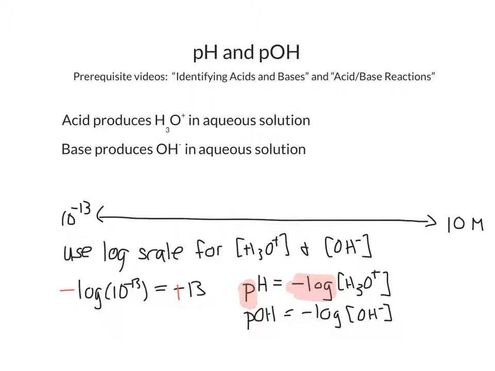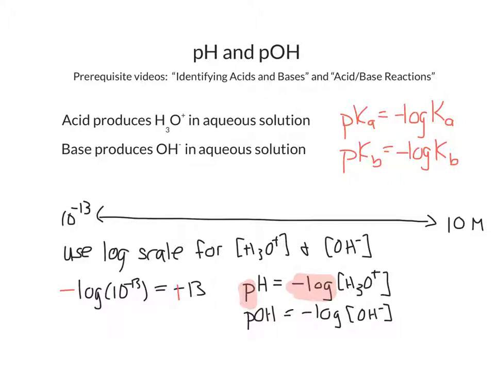So for instance, I sometimes talk about pKa, which is minus the log of the acid ionization constant, the equilibrium constant for a particular acid ionization. Or I might talk about pKb, and that is simply minus the log of the base hydrolysis equilibrium constant for a particular base in solution.